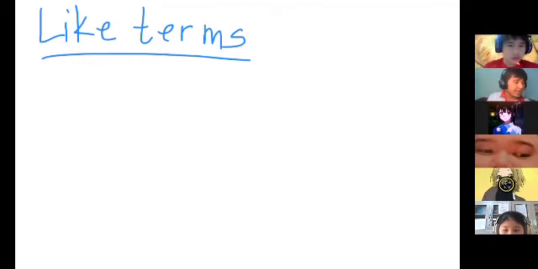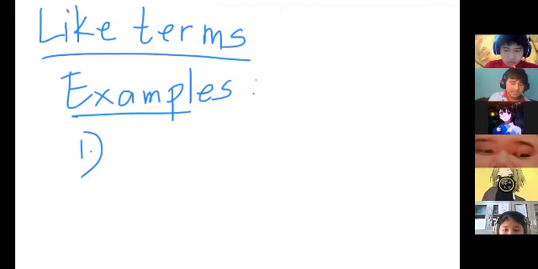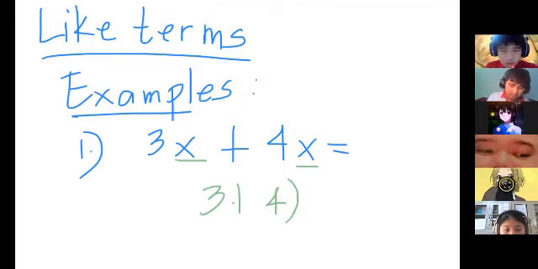For example, I have examples. All right, let's just use positive numbers. 3x plus 4x. Let's say x is baht. 3 baht plus 4 baht equals 7 baht. This is x. So we will add 3 plus 4, x. So 7x.